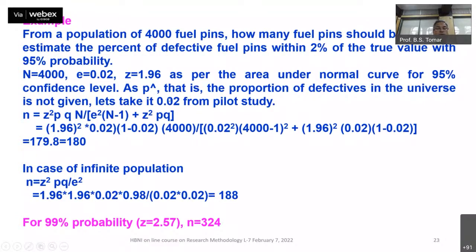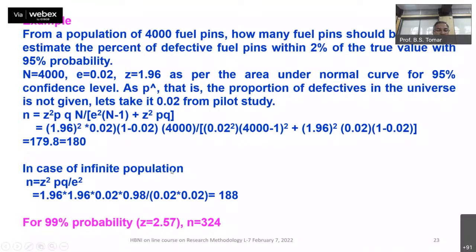Now here you don't know the proportion of defectives in the universe. So from a pilot study, it can be taken as 0.02. Then you put the values of all the parameters in the formula for a finite size, Z square PQ N upon E square N minus 1 plus Z square PQ. You get 180 as the number of fuel pins you have to test.